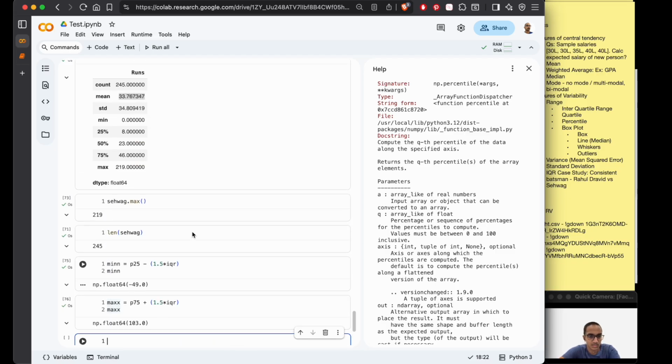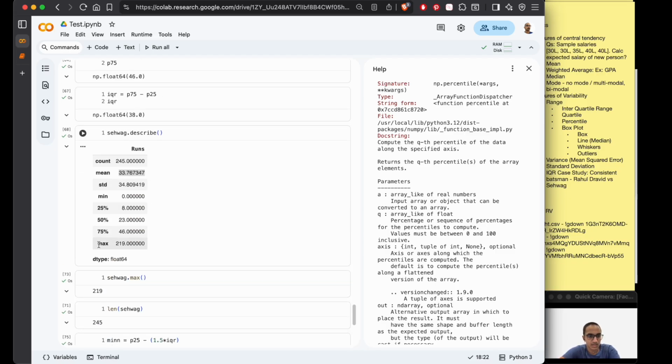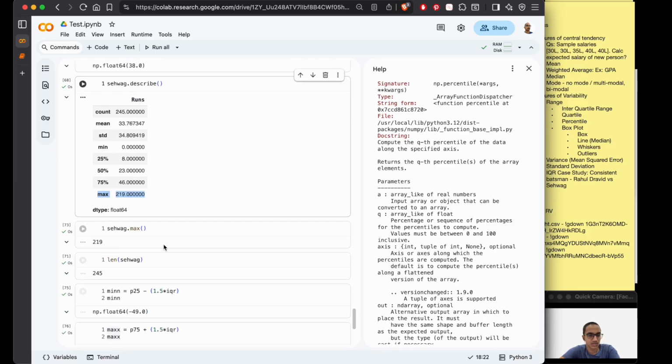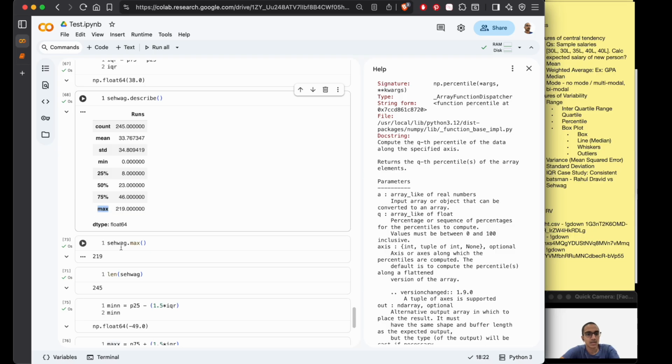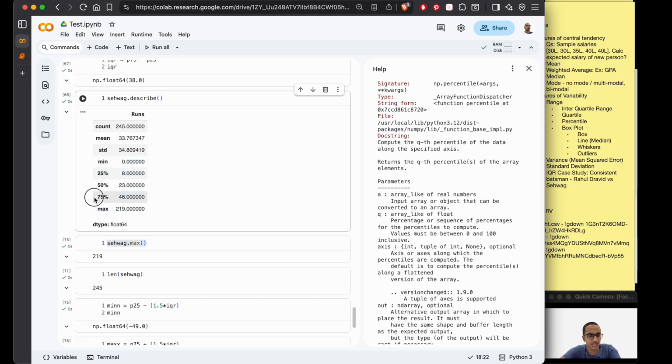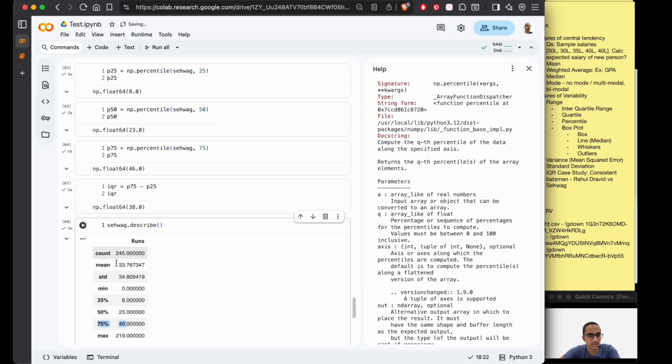If we look at our descriptive stats, the max is 219. Okay, this max is different. This is not the IQR max, this is the max value of the data set, and this is the min value of the data set. The percentiles we got pretty correct: 25th is 8, 50th is 23, and 75th is 46.